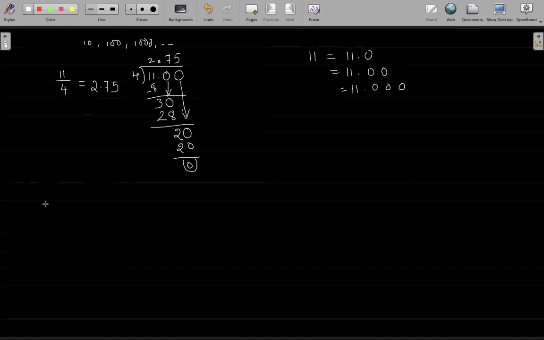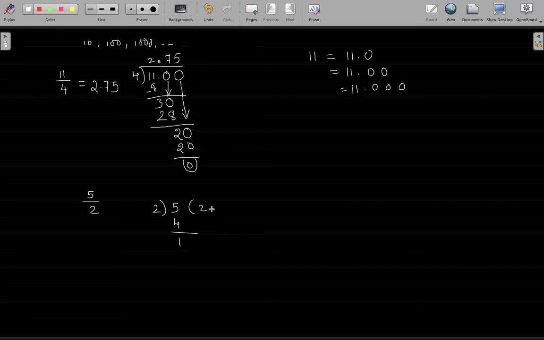Suppose let us look at one more fraction. Say I have 5 by 2. Let us start dividing 5 by 2 as usual. 2 times 2 is 4, leaving you with a remainder 1. Now here 1 is less than 2. You cannot divide further.